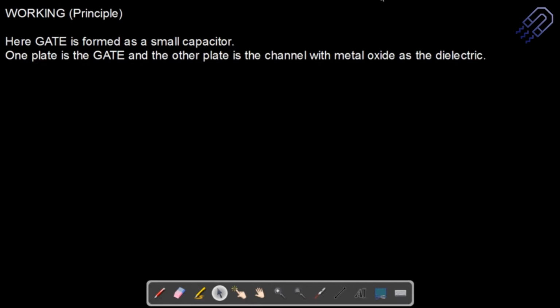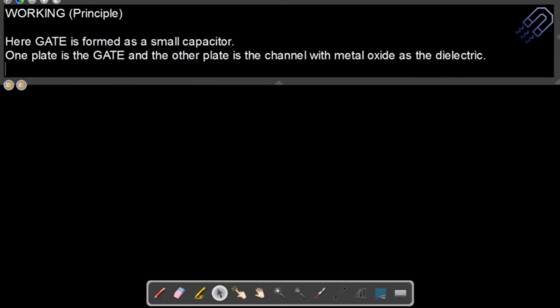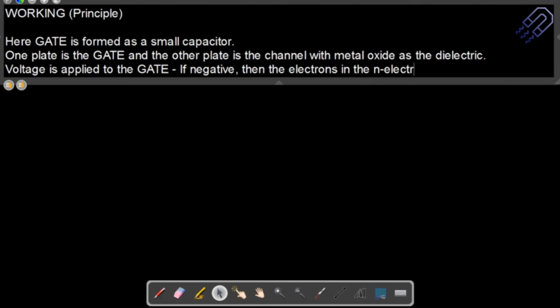What happens is voltage is applied to the gate. Let's say voltage is applied to the gate. If it's a negative voltage, then the electrons in the N channel, we are taking that example, are affected.